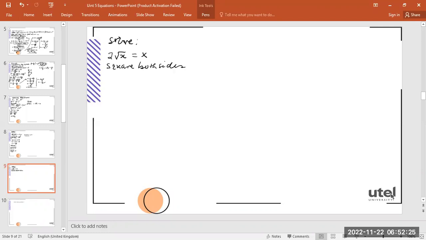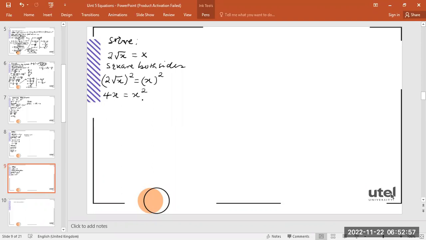We square both sides of the expression, and this means we are going to have 2 multiplied by root x, squared, is equal to x squared. 2 squared will give us 4, and this squared will take away the root sign here, so we're left with 4x is equal to x squared.